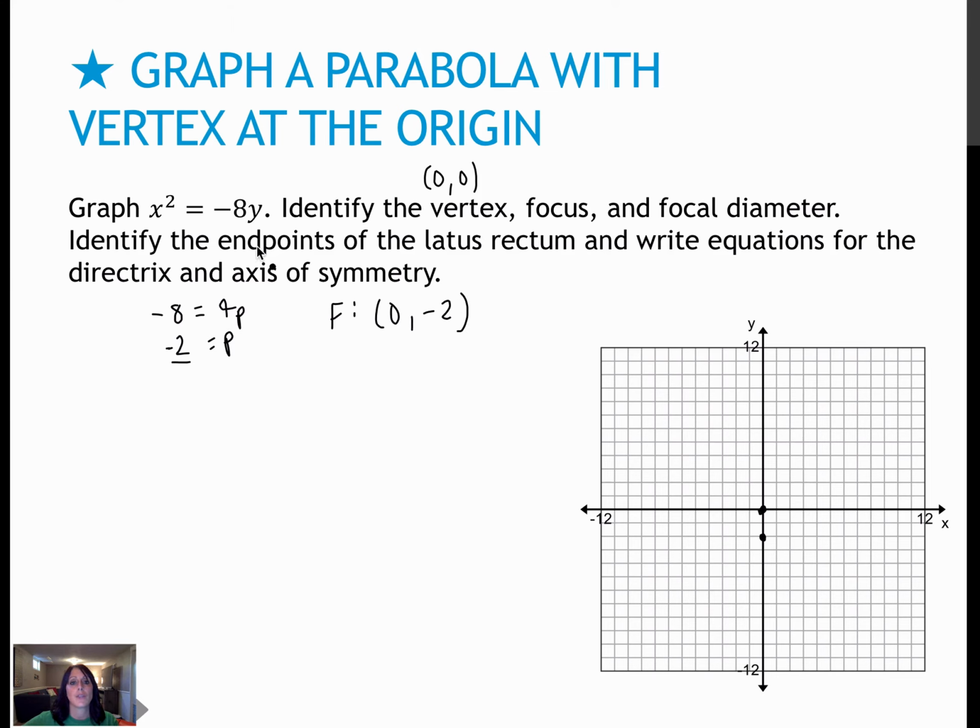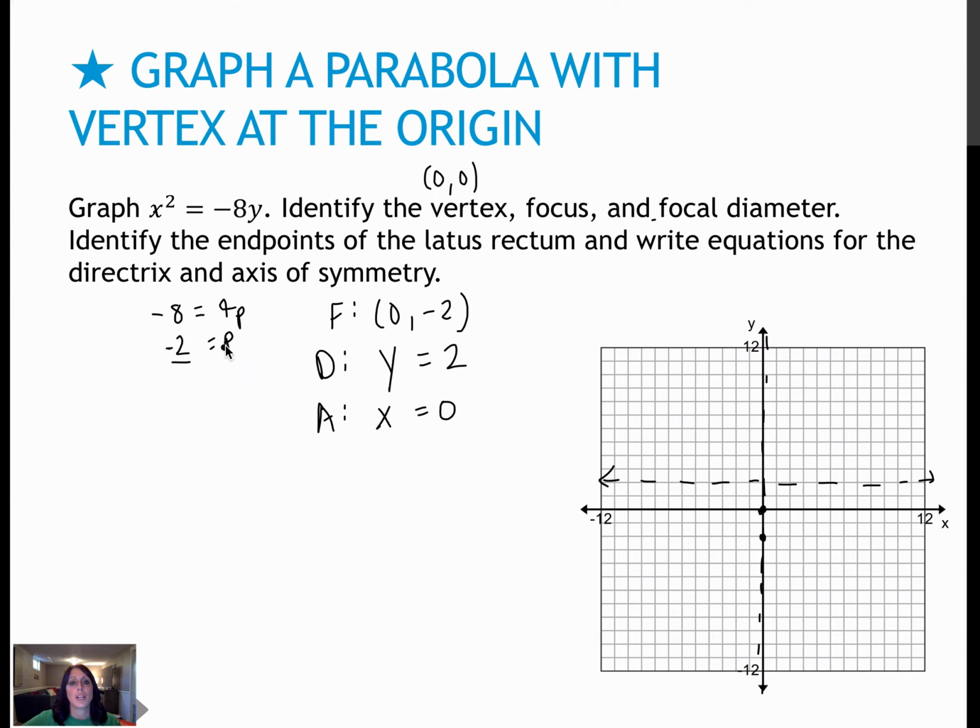The directrix is the equation y equals positive 2. Again, we're messing with the y value both times, so that's this line right here. The axis of symmetry would be x equals 0, which is this dotted line going through the center.